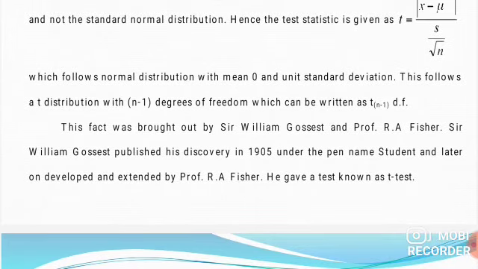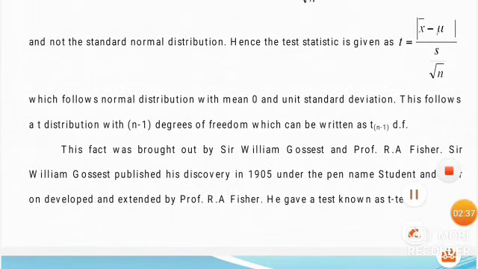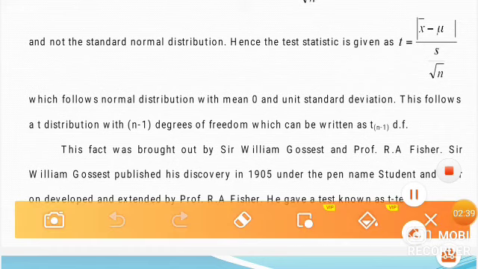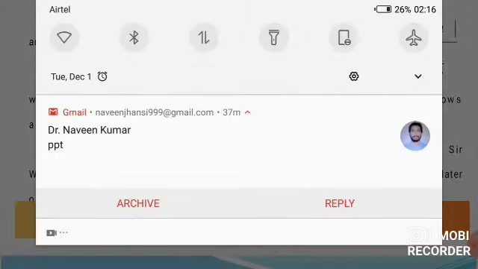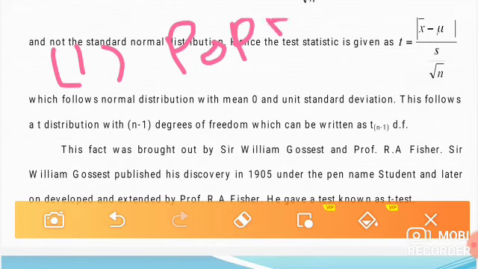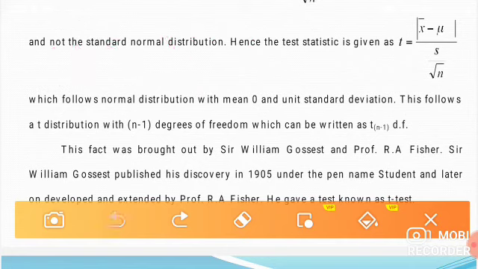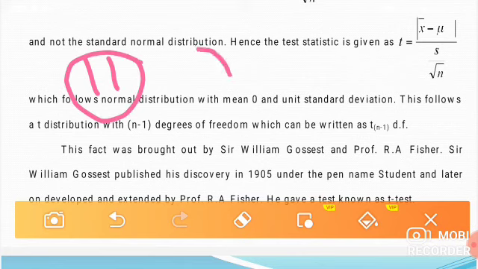Assumptions of t-test. First, the population is normally distributed. Second assumption of t-test, n is less than 30.